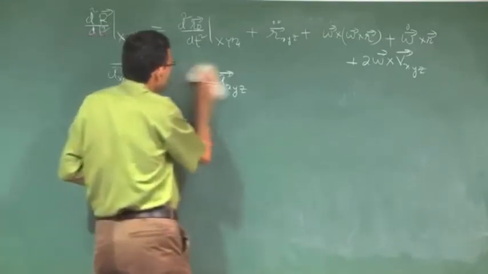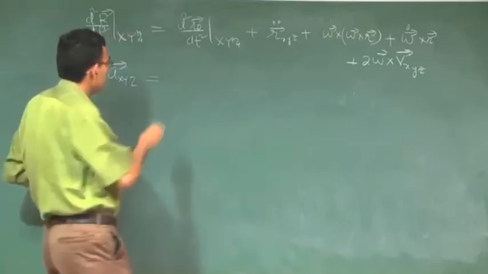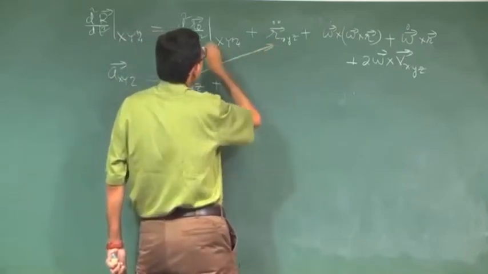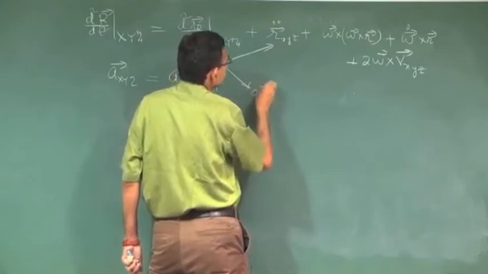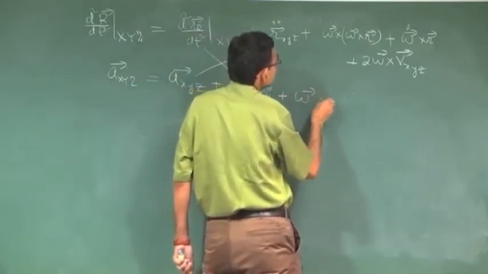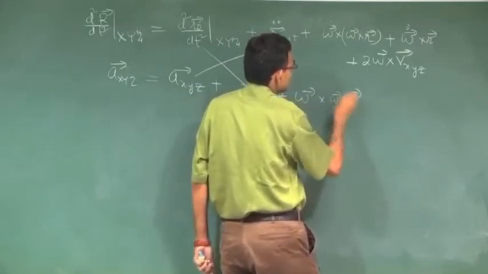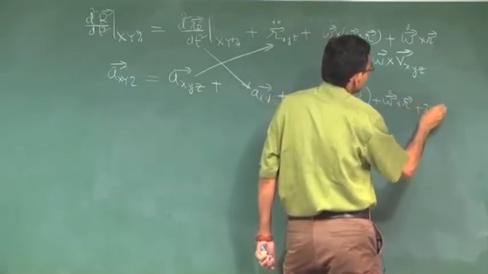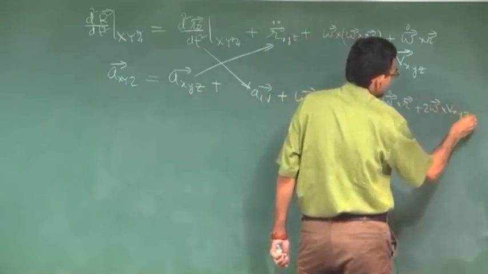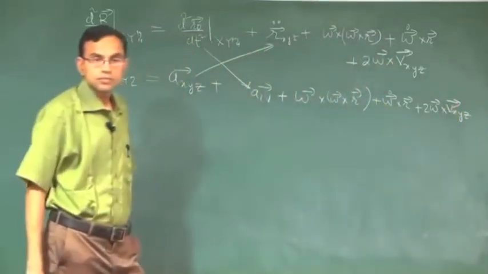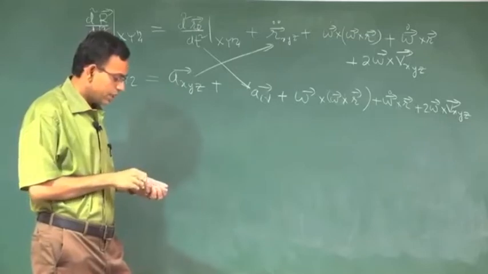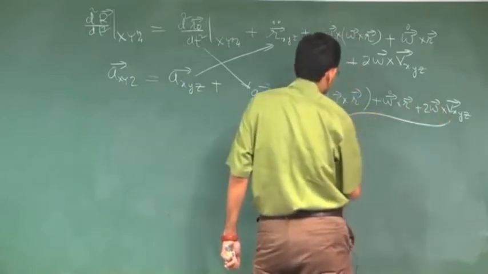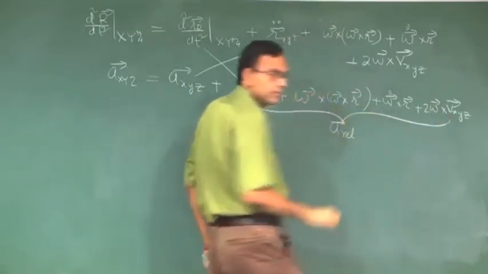So what we can do is we can write one in terms of the other. We can write just this as the first term, actually this is this one and this is this one. This we call A relative, just a name.